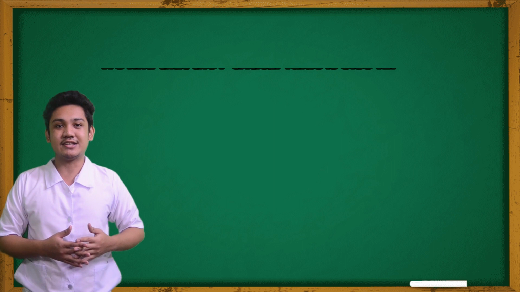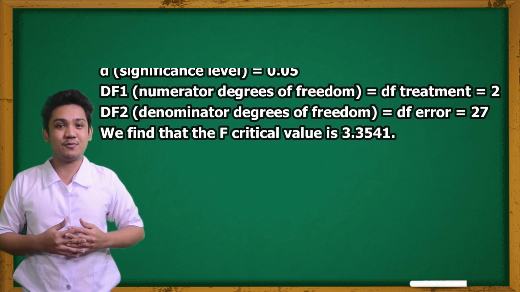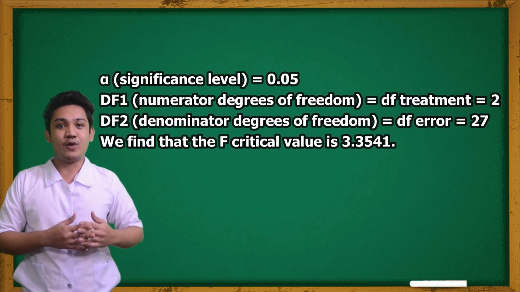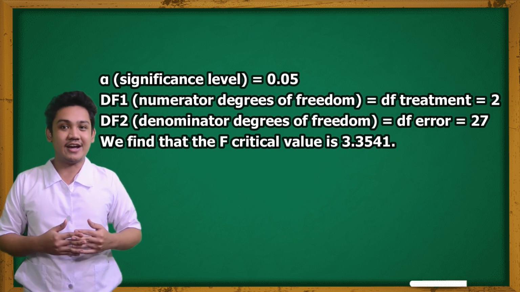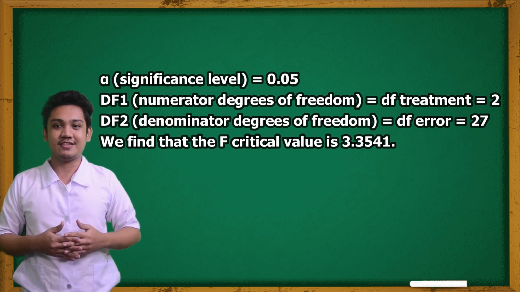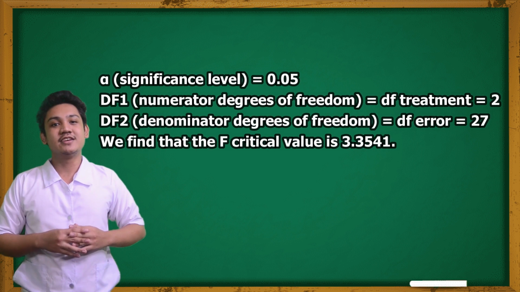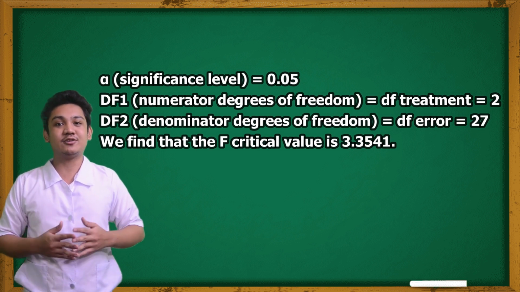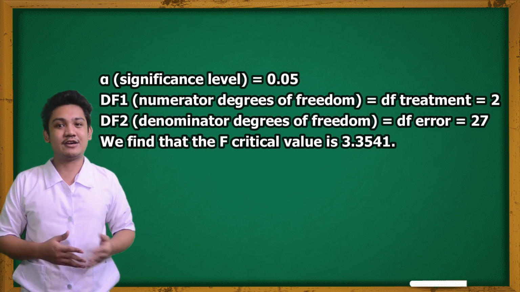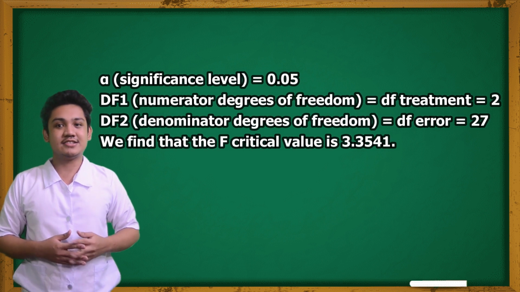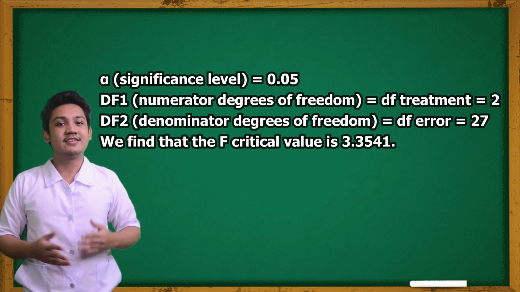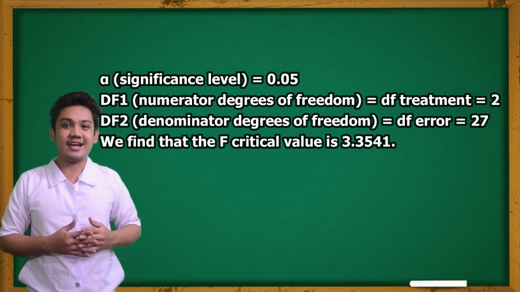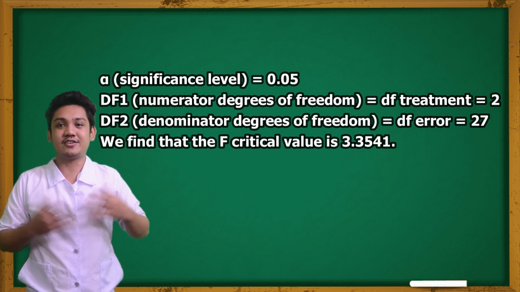Alpha, the significance level, is equal to 0.05. DF1, the numerator degrees of freedom, is equal to the DF treatment, which is 2. DF2, the denominator degrees of freedom, is equal to the DF error, which is 27. We find that the F critical value is 3.3541.